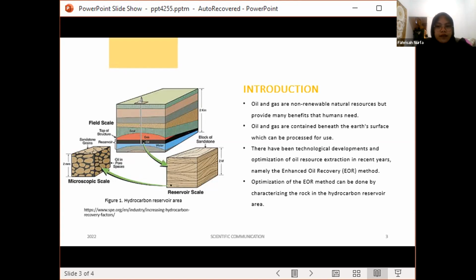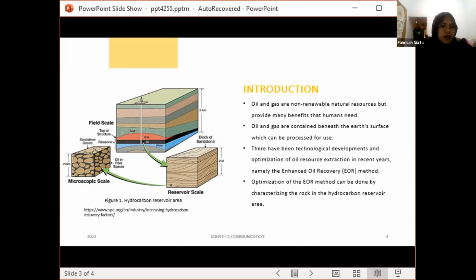There have been technological developments and optimizations of oil resource extraction in recent years. One of the methods is enhanced oil recovery, or EOR. The EOR method is useful for optimizing oil extraction. Optimization of this method can be done by characterizing the rock in the hydrocarbon reservoir area.